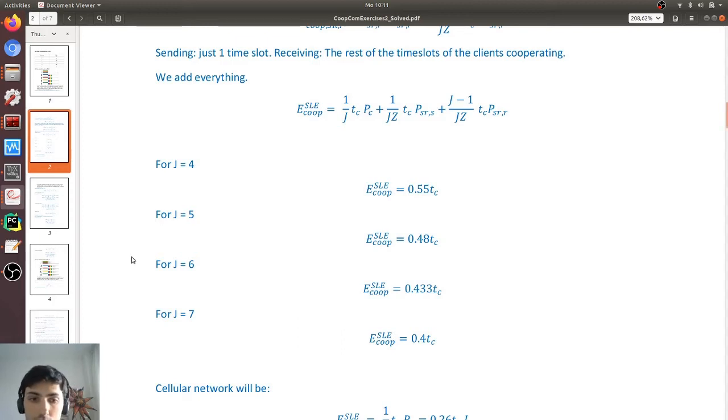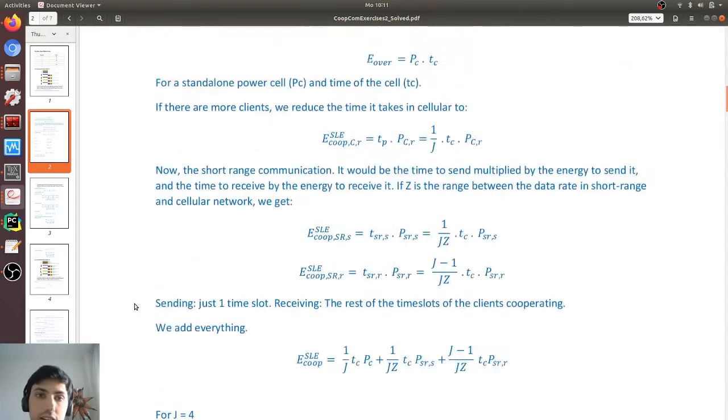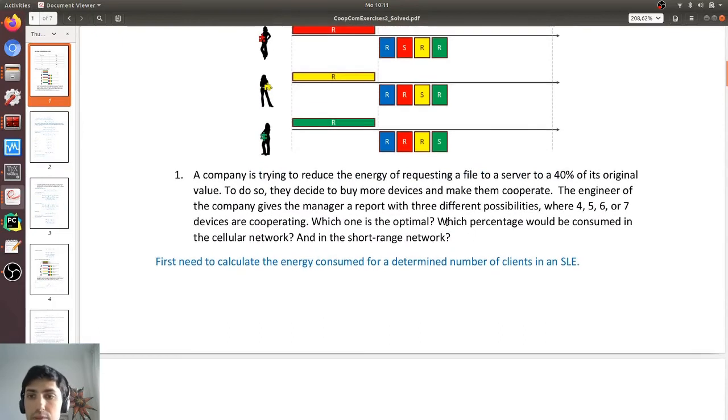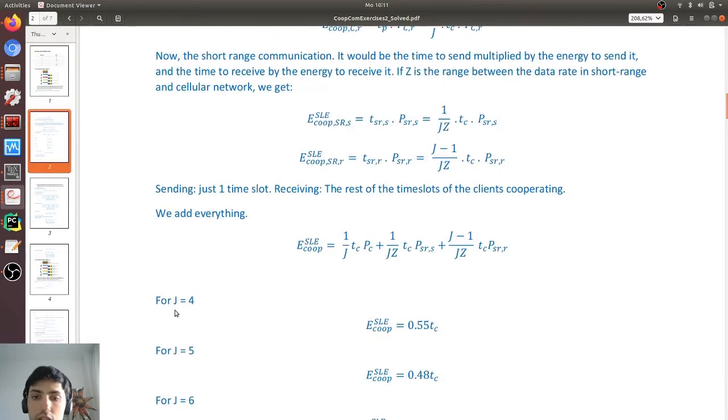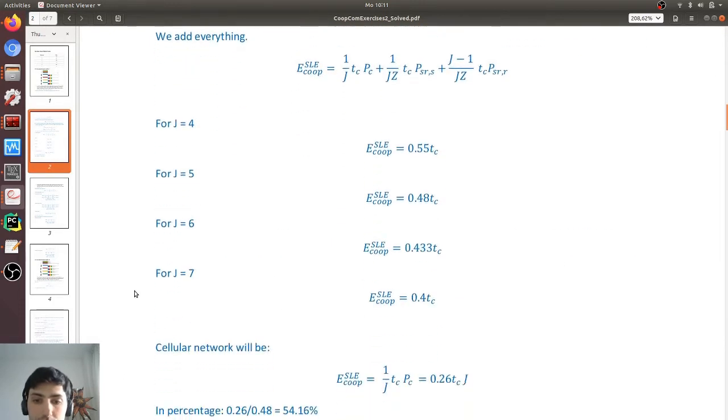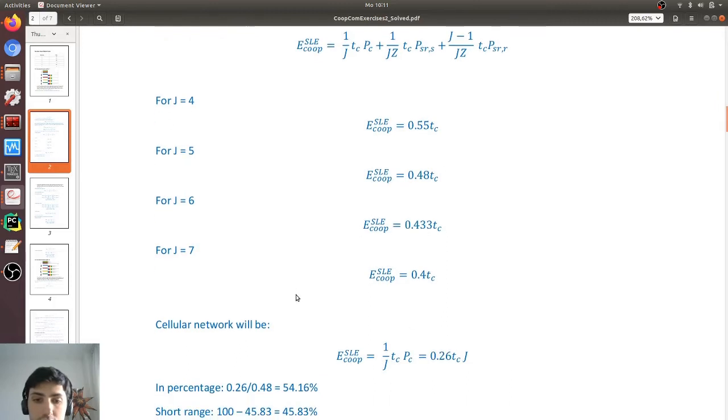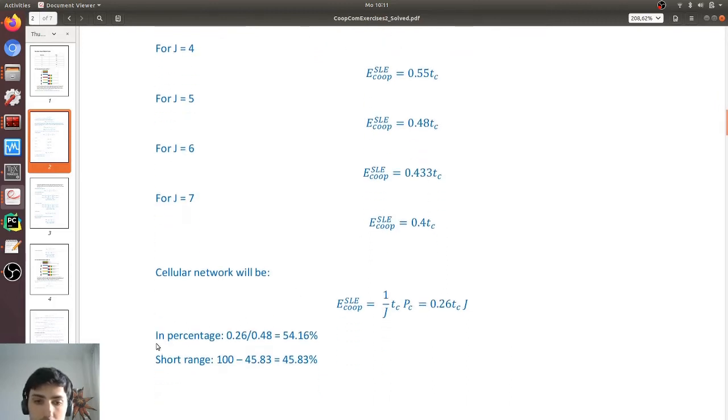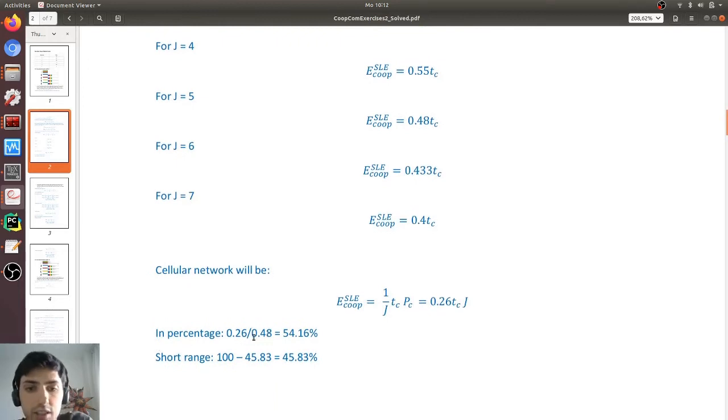Now, what percentage of the energy would be consumed in the cellular network and which in the short range network? To do that, we come here and we see what is the energy in the cellular network, which is 0.26, and then in percentage, which is 0.26 by, oh, this is 0.4.